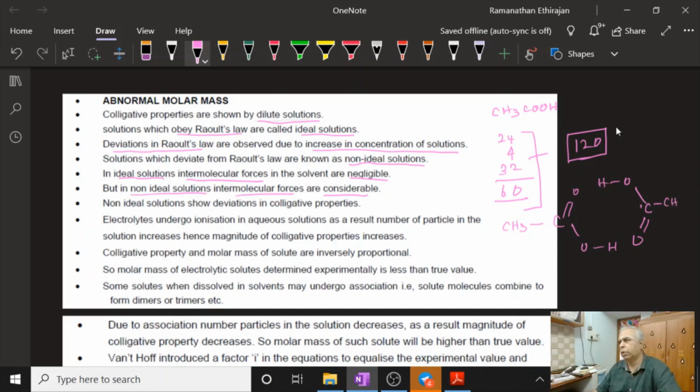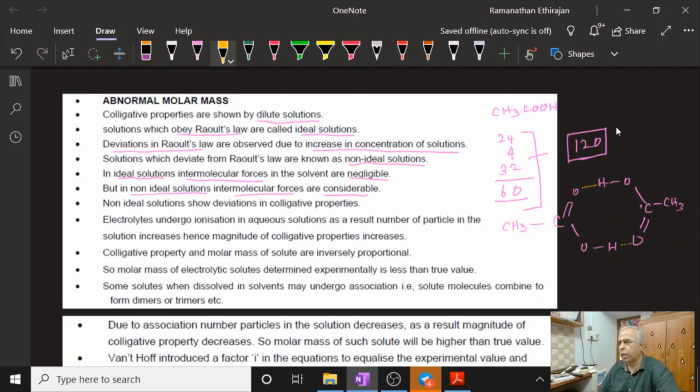These two molecules may join due to association among themselves, because of hydrogen bond, and I have indicated this by the yellow line. Because of this intermolecular hydrogen bonding, there is an association. Such liquids are called associated liquids. So this has resulted in a dimer.